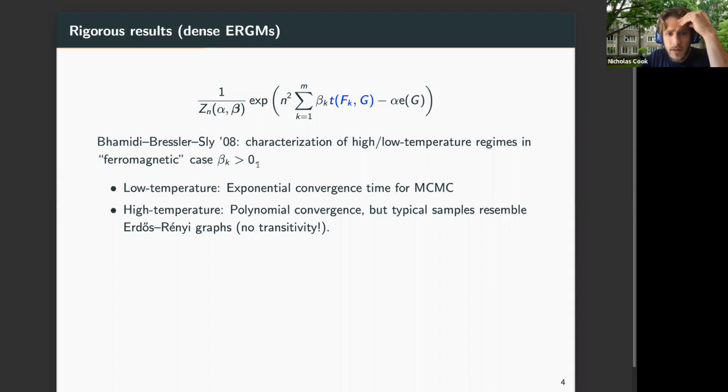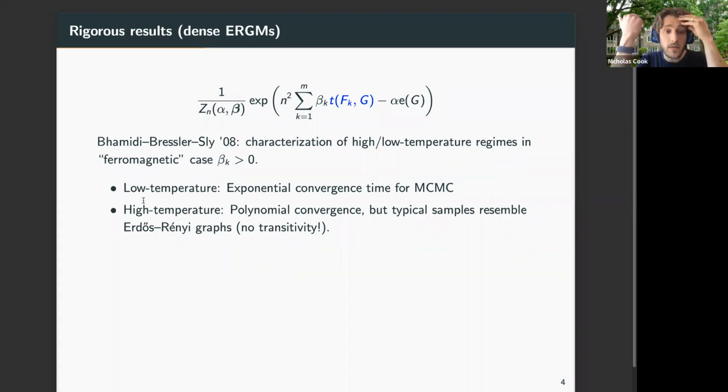So what they showed, so they considered the case that all of these betas are positive, which you would be taking them positive, for instance, if you want to see some transitivity. And they showed that the parameter space, so the alpha and all the betas, separates into two sets, two domains.